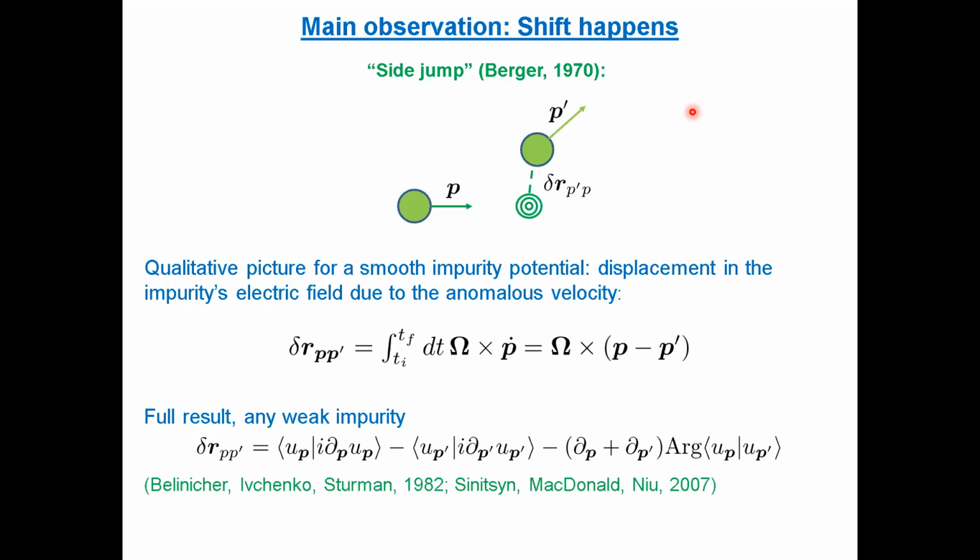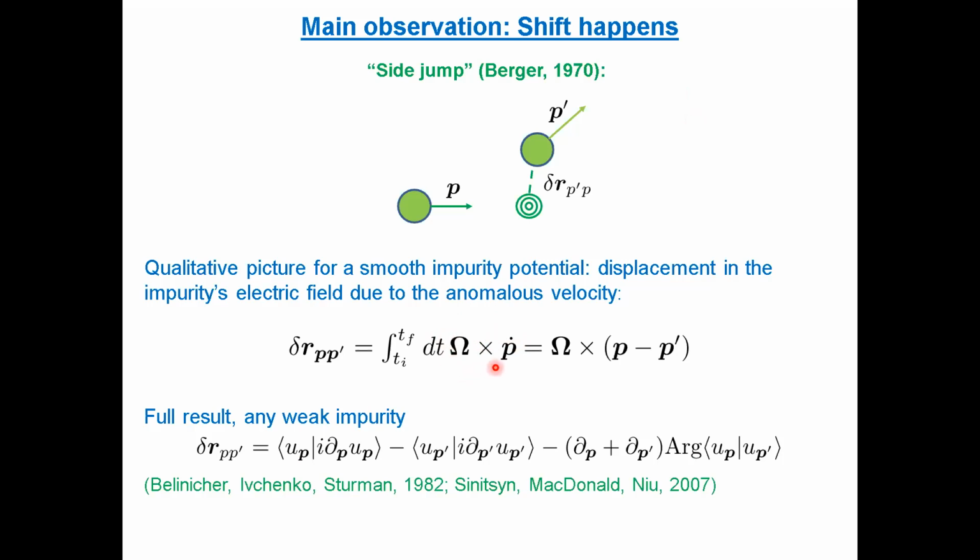To get some intuitive feeling for this, we can assume that the potential of the impurity is very smooth. So we do not put it into the collision integral. We treat it as an external potential on the left-hand side of the Boltzmann equation, for example. The electric field of such a smooth potential will lead to a force acting on the particle. So there will be an anomalous velocity associated with that force, right?